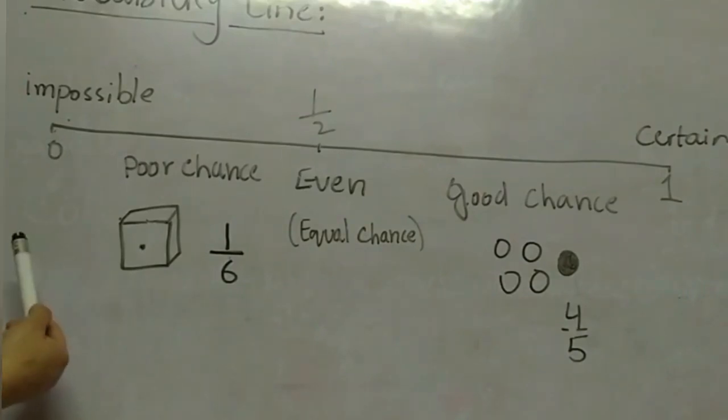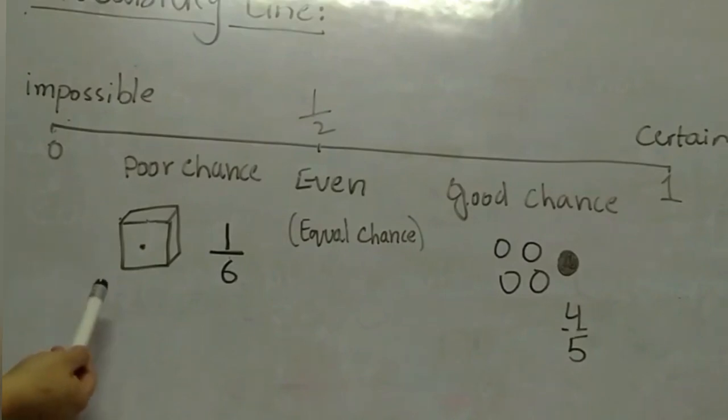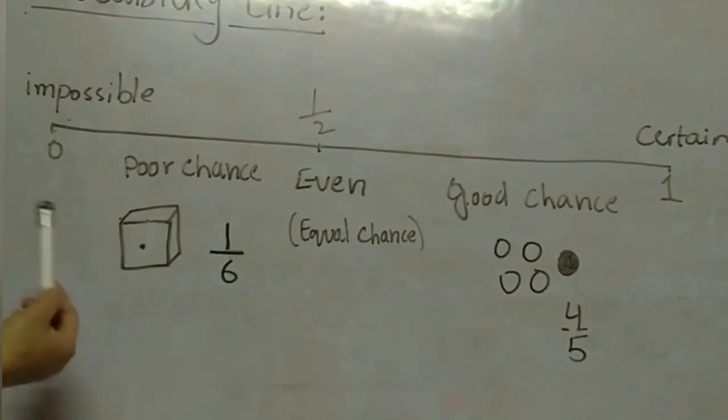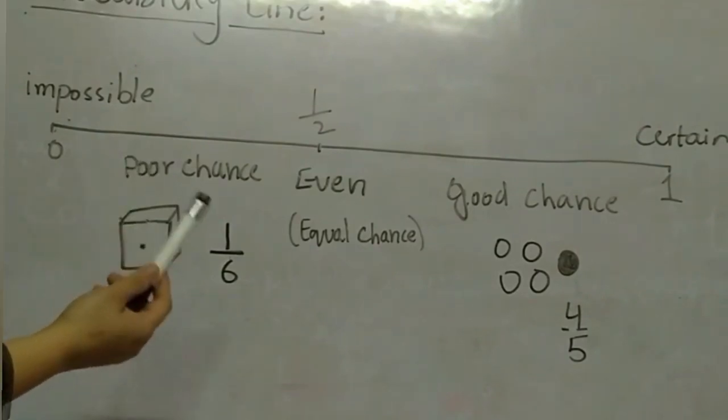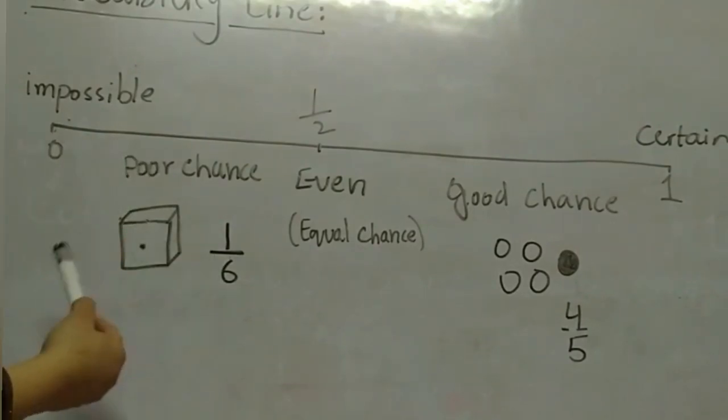So when we roll it, every side has only one chance to come. So there are poor chances of any side coming.